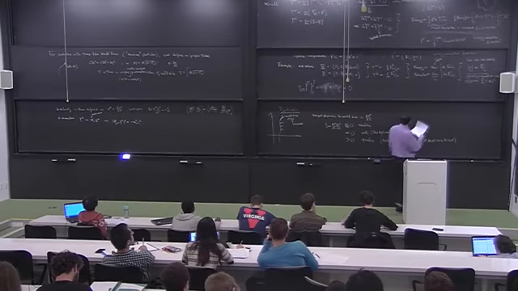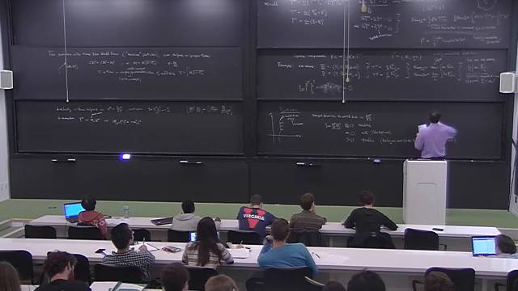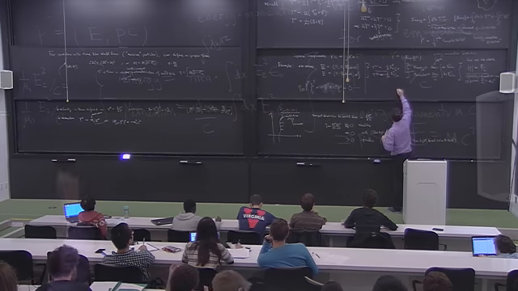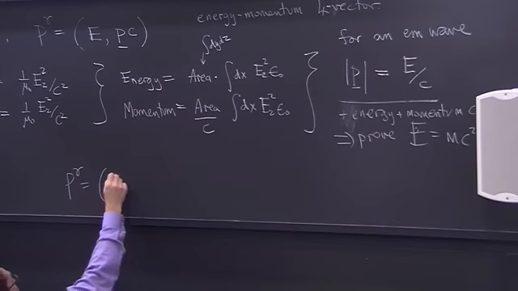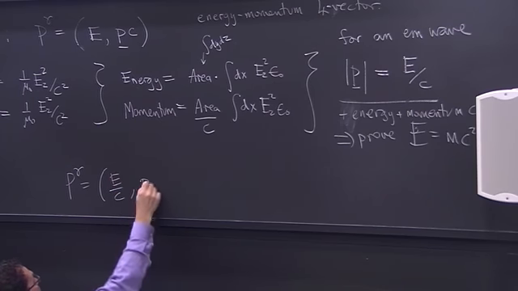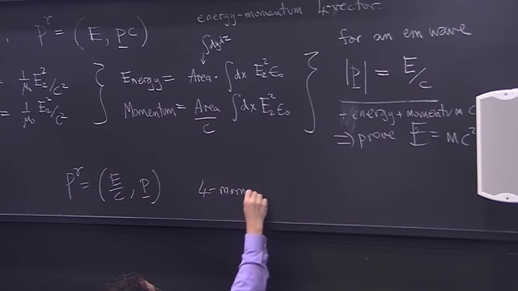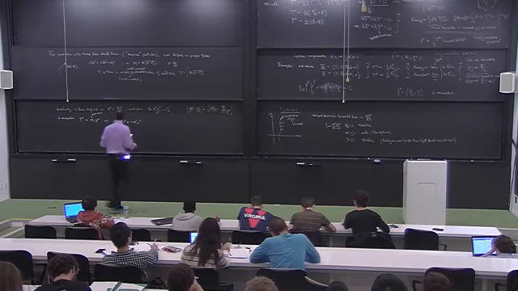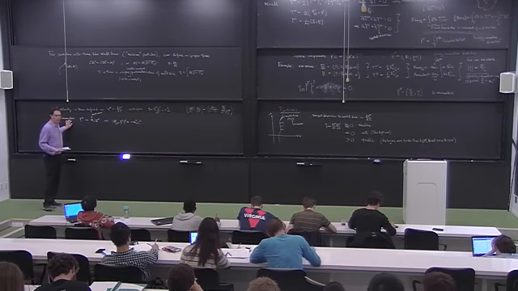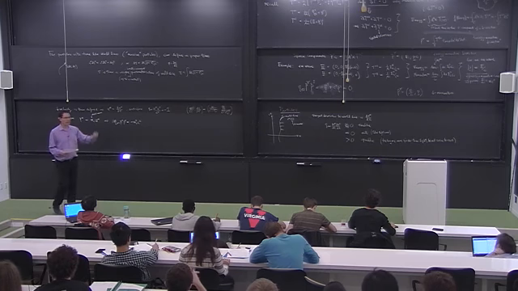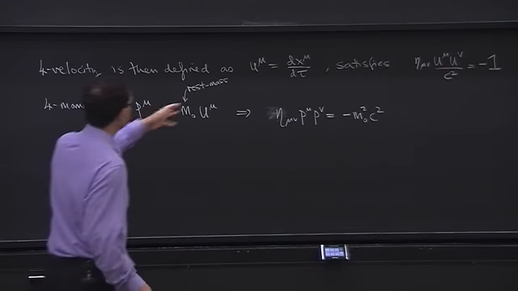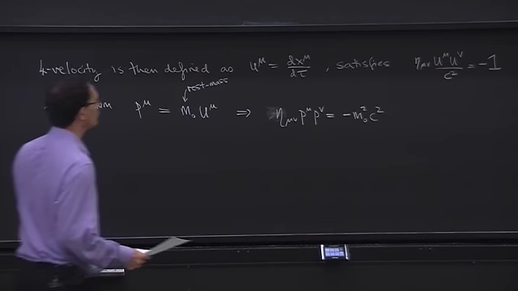Let me switch it to always call it the momentum 4 vector, and then define my 4 vector to be P mu is equal to E over c and P. Okay, so this is the 4 momentum. And then what I said before was correct. So I'm going to just call this a 4 momentum for brevity, and its dimensions are those of momenta. This is a 4 velocity, and its dimensions are those of velocity.